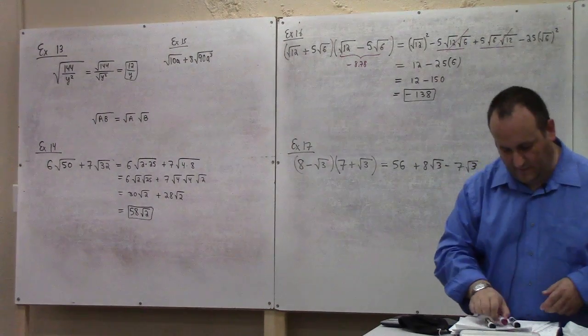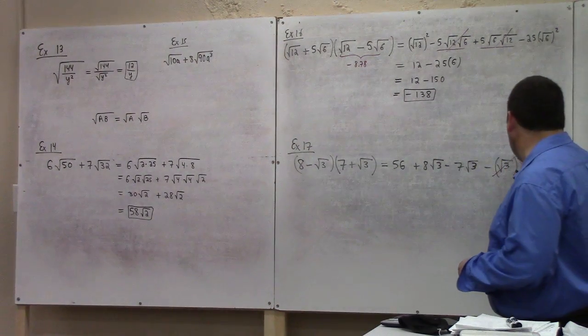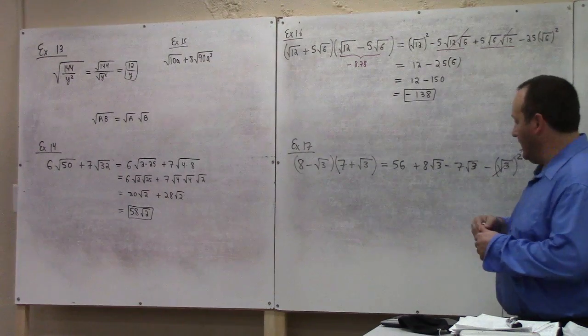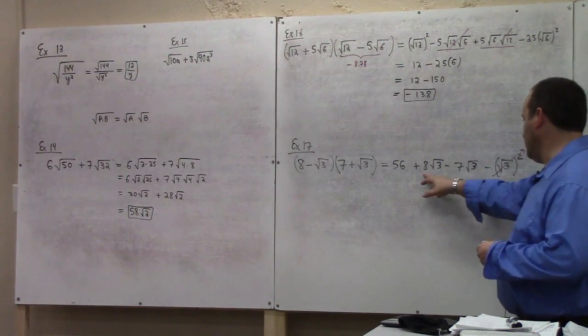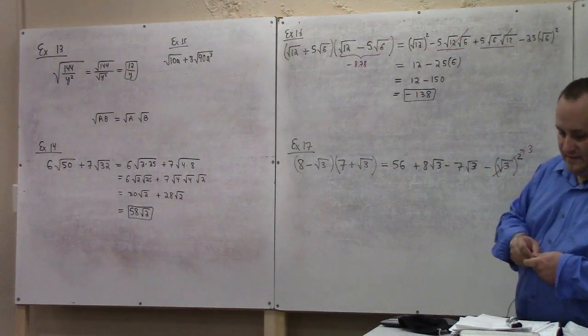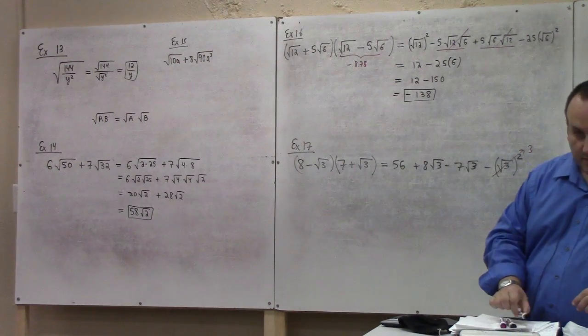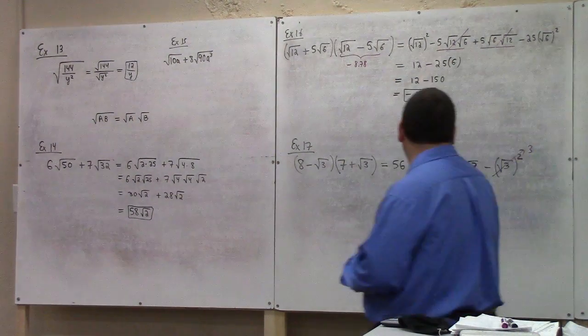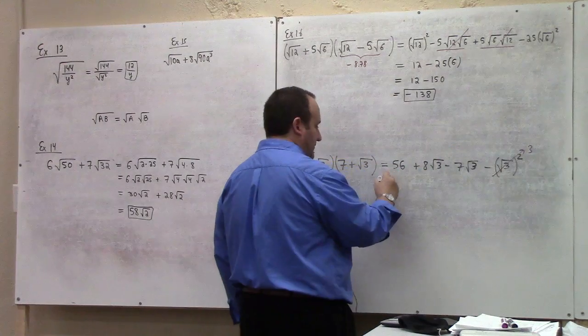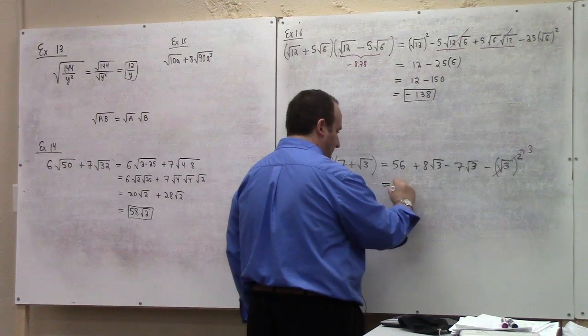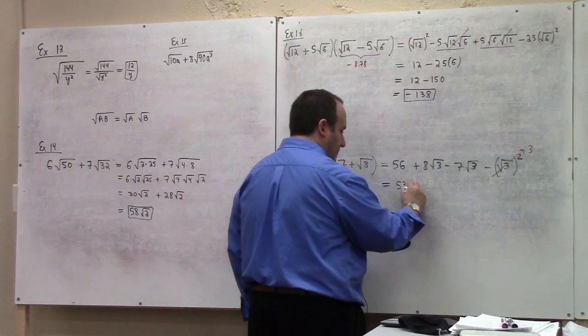Which is just 3, very good. So this guy is just 3. And, of course, this cancels. 8 minus 7 is what? Just square root of 3, yeah. So we've got 56 minus 3, which is 53, plus the square root of 3.